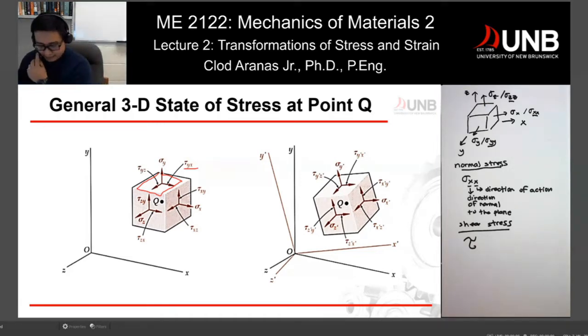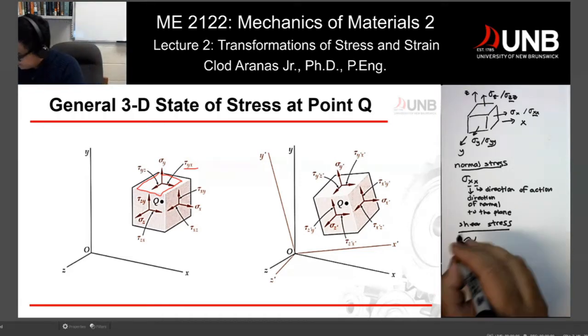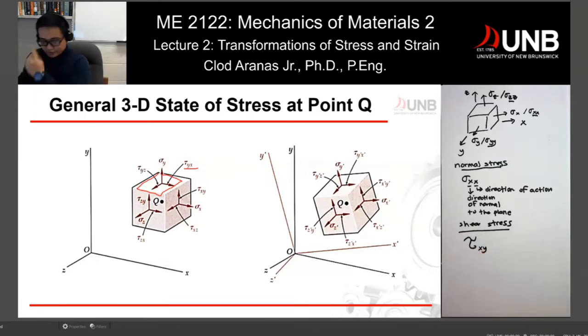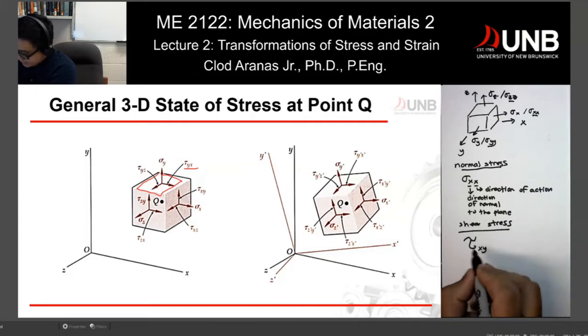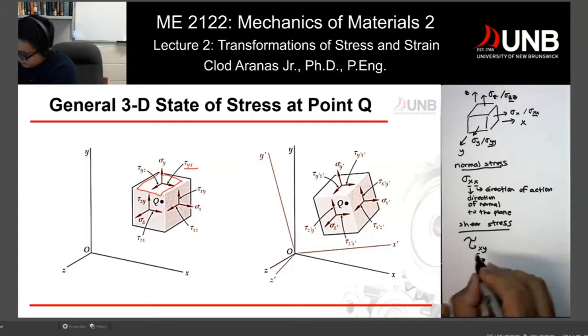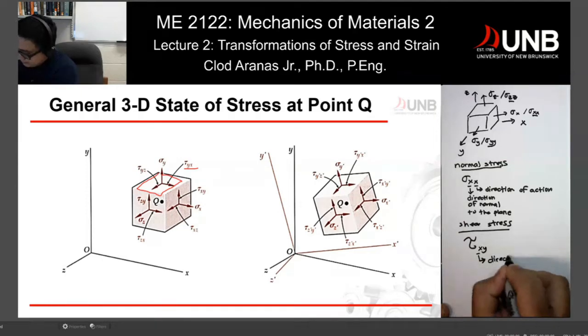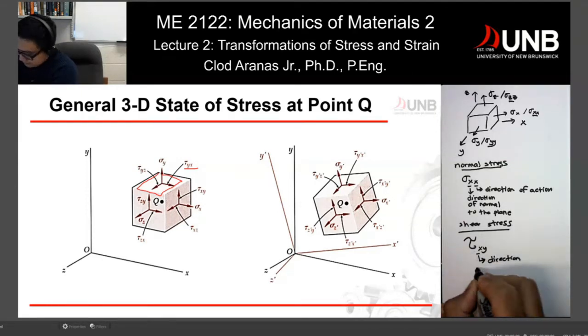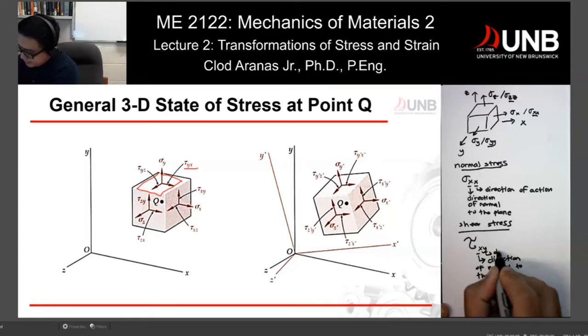If we write it here, that's tau xy. Your x is the direction of normal to the plane, and your y would be your direction of action.